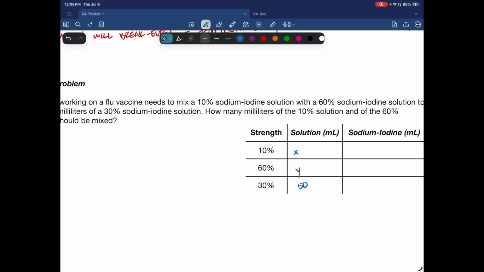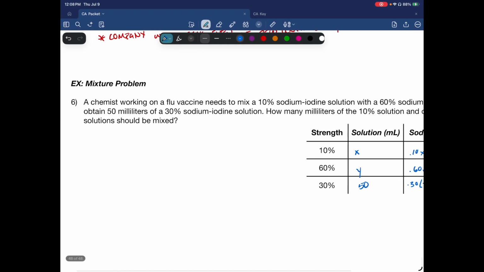I'm going to multiply these together, and I'm going to write my percentages as decimals. So it's going to give me 0.10x and 0.60y, and then 0.30 times 50 is going to give me 15. All right, so if I add these columns together, those are my systems of equations.